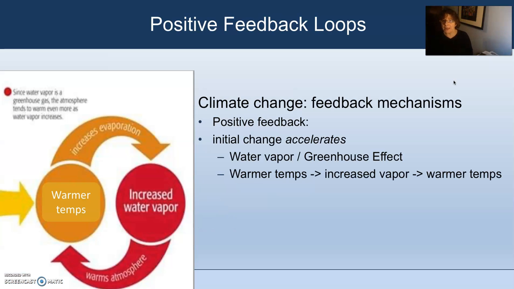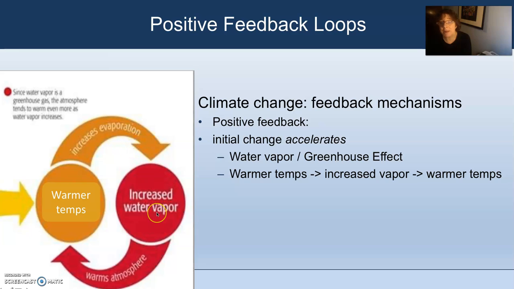When we talk about positive feedback loops, we look at a climate change and then events that happen after that. Do the events accelerate the initial change? In this case, the initial change is warmer temperatures, and the event that happens could be increased evaporation and increased water vapor.